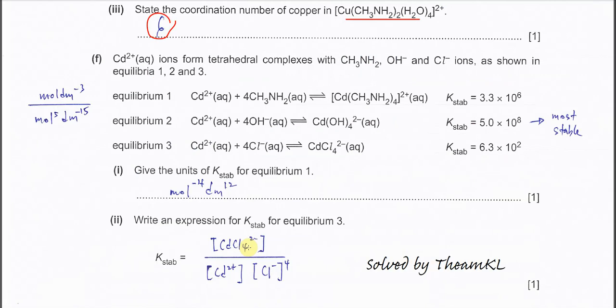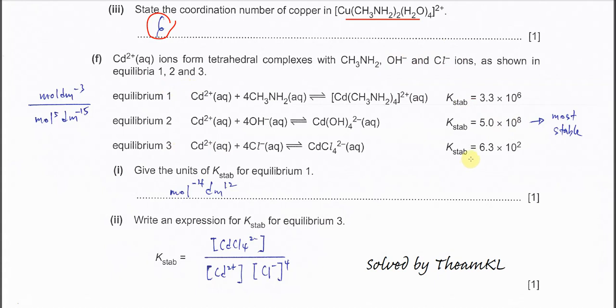Okay, part F. Cadmium ion form tetrahedral complexes with methylamine, hydroxide and chloride. Equilibrium 1, 2, 3 is given, and the Kstep also given.